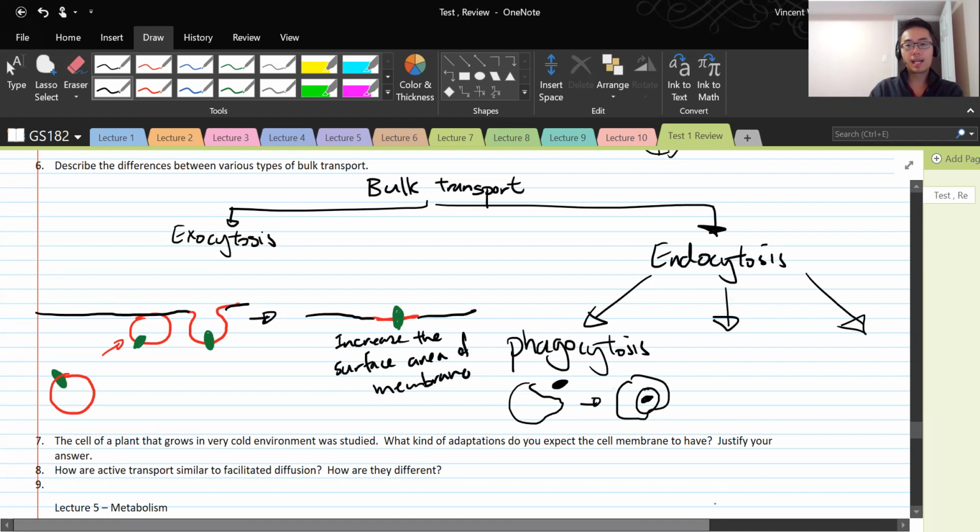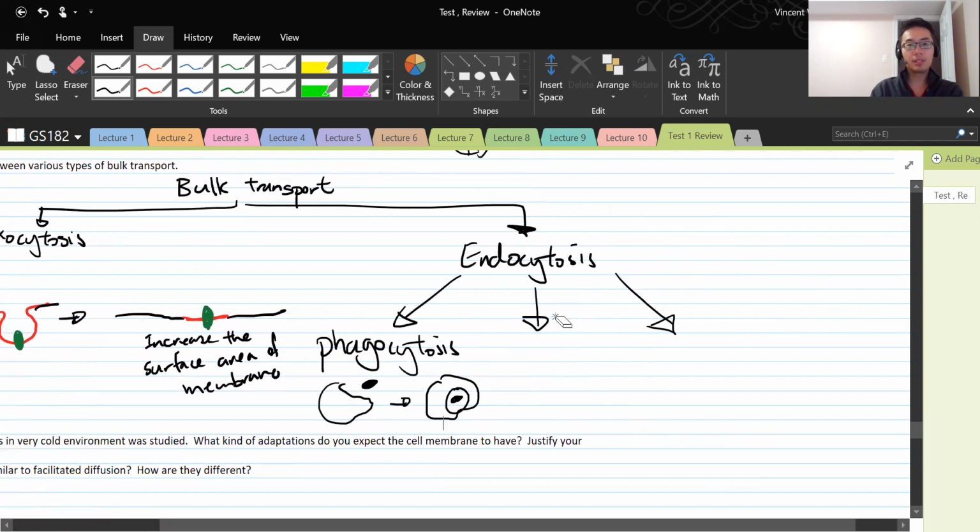That will fuse with the lysosome, which gets broken down. We can also have pinocytosis, which is cell drinking. The main difference is that you will be taking in primarily liquid fluid rather than like a solid. And then the last one is receptor-mediated endocytosis.